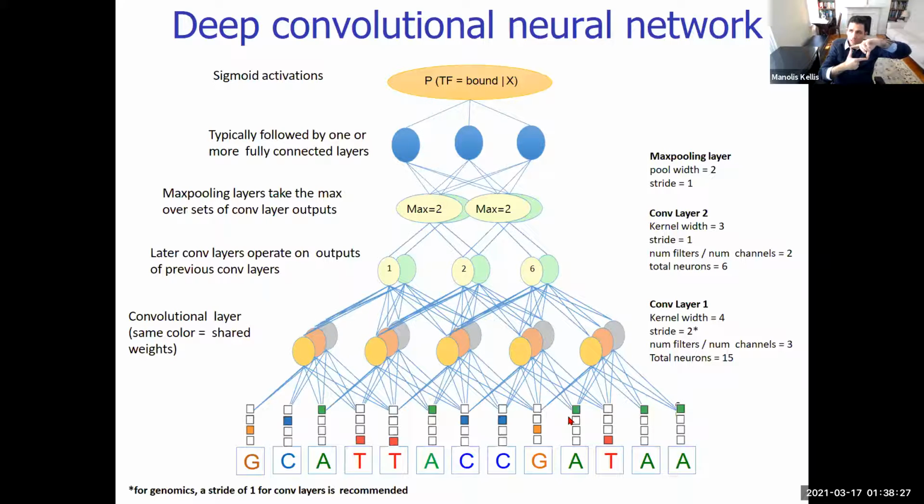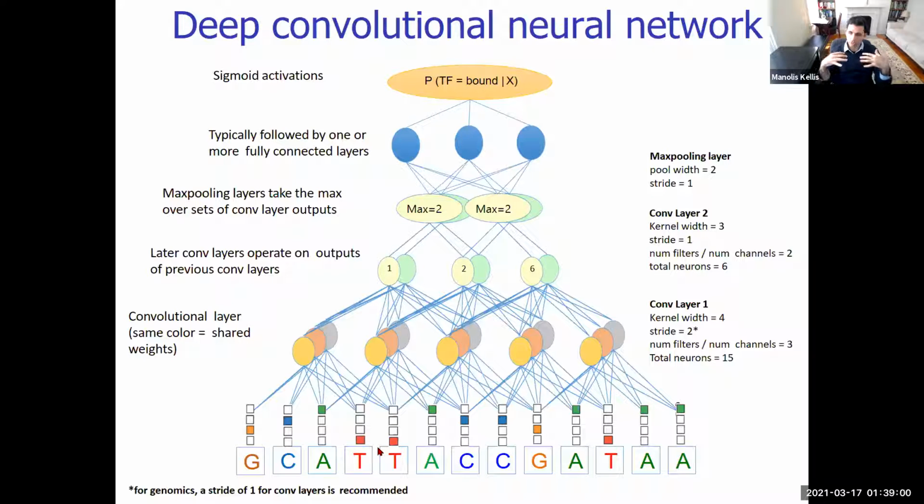Instead of having an edge detector, which I'm going to be scanning through my image to detect edges, I'm going to have a GCATT detector that I'm going to be scanning through my DNA sequence to notice when there's a wheel or when there's a CTCF binding site. The same way that we looked for wheels, for noses, for flashlights, for hats, and so on and so forth. We're now going to be searching for different features of the DNA, and these features are going to be motifs.